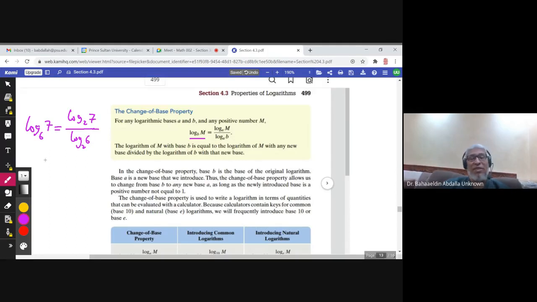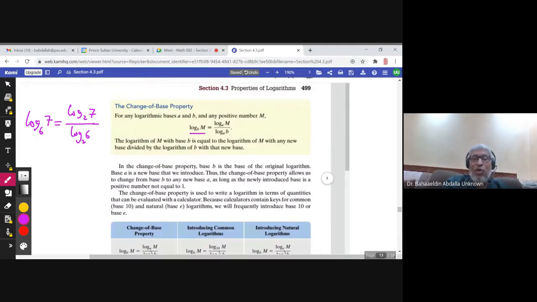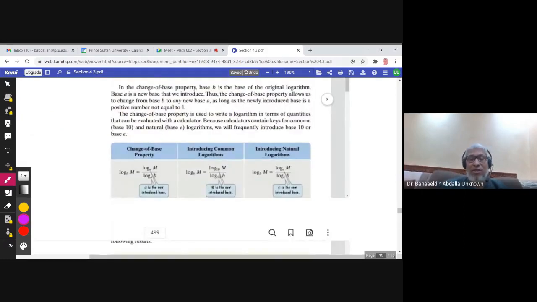So log base 6 of 7 would be log base 2 of 7 over log base 2 of 6. That's the change of base property. In fact, we use the change of base property mostly to change to log 10, the common logarithm, and to log e, the natural logarithm.